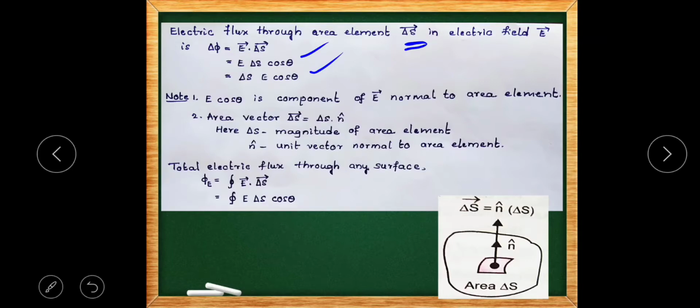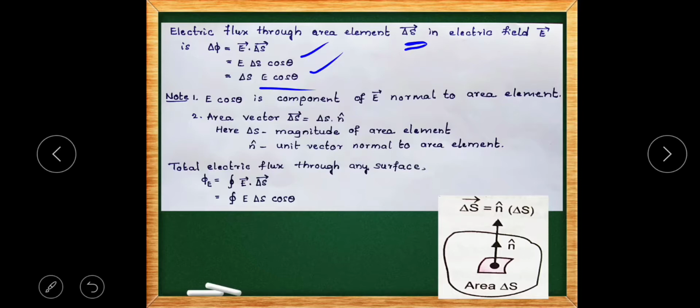Note here E cos theta is the component of E normal to the area element. If we resolve the electric field vector into two components, E sin theta and E cos theta, then E cos theta will be the component normal to the area element.